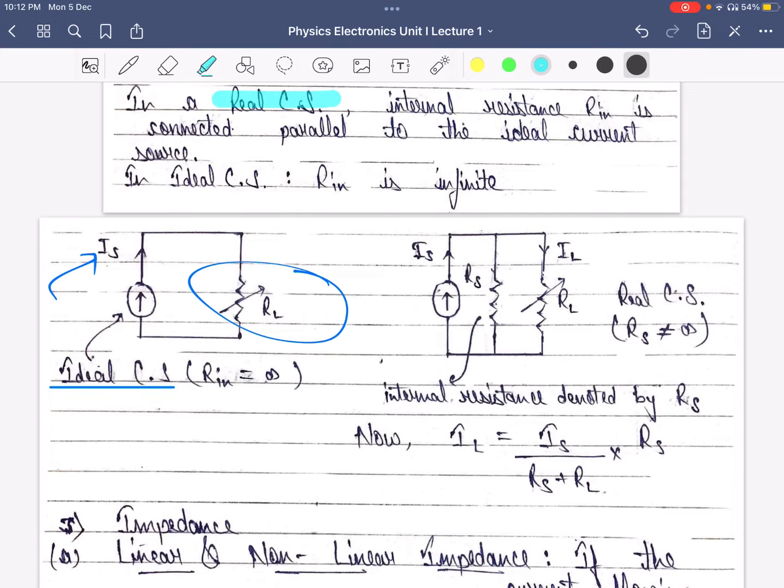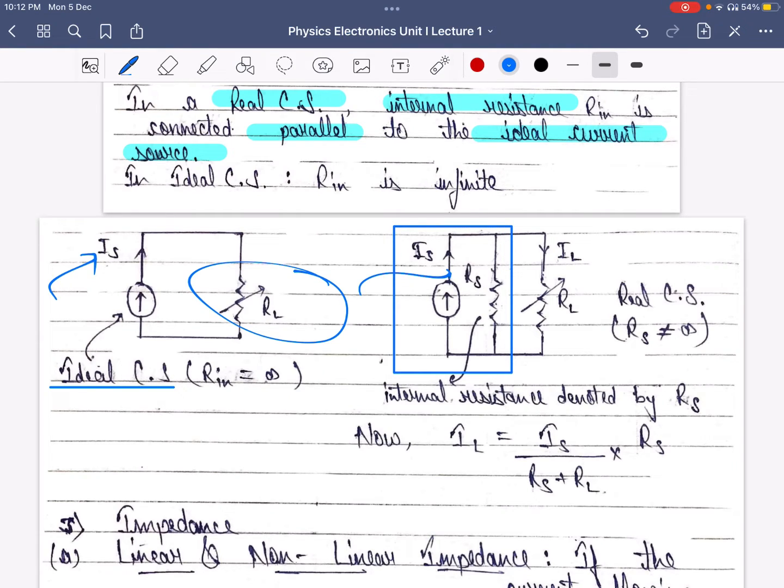In the case of real current source, internal resistance is connected to it in parallel to the ideal current source. As shown here in the diagram, the ideal current source has an internal resistance Rs connected to it in parallel. Now, if the Rs is equal to infinite, we get an ideal current source.